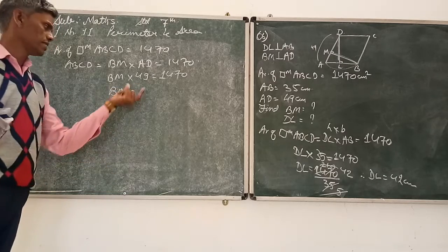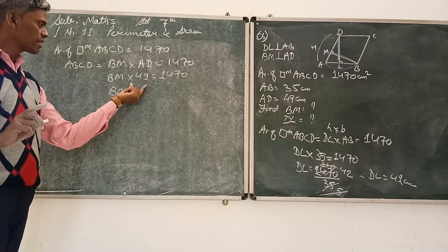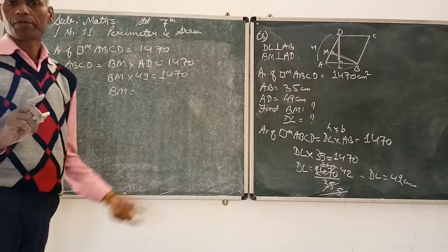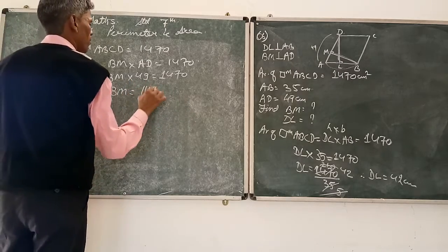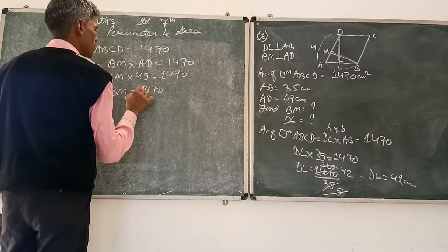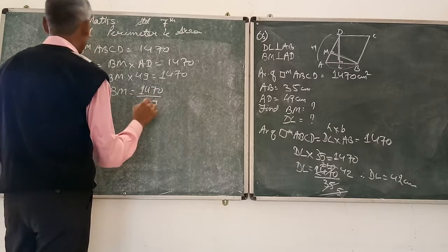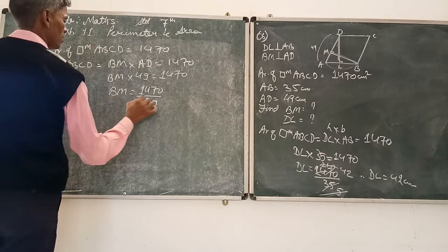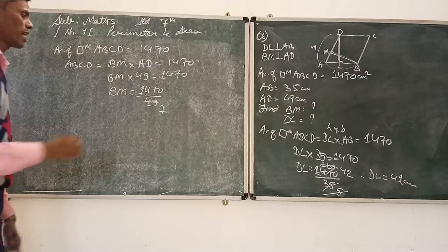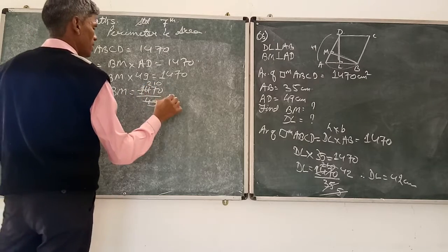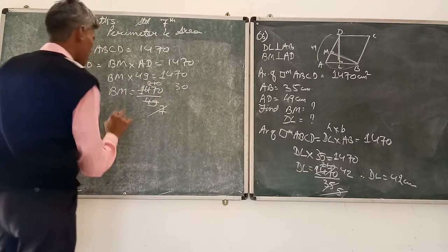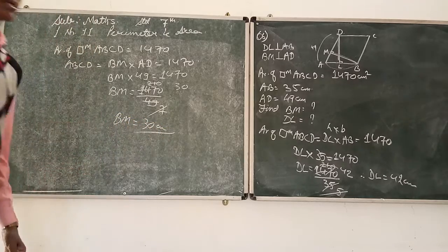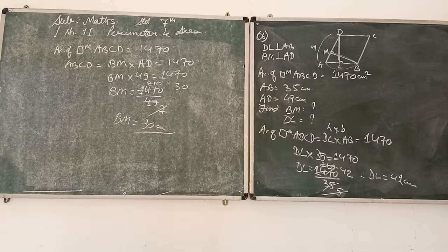Again 49 is in multiplication form on the left hand side, so we take this 49 to the other side, and multiply will become division. So 1470 upon 49. 7 sevens are 49, 7 fours are 28... 30. So BM is equal to 30 centimeter.